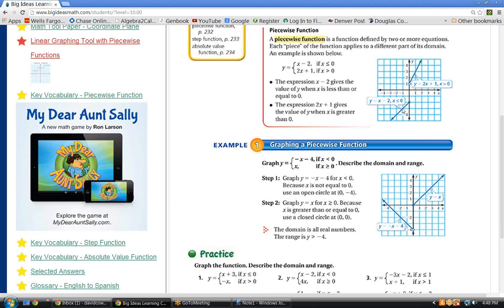This has a slope of plus 1. This has a slope of plus 2. They also have different y-intercepts. Also notice that this function has an open dot right there because it's x greater than 0. Has a closed dot right there because it's x less than or equal to 0.